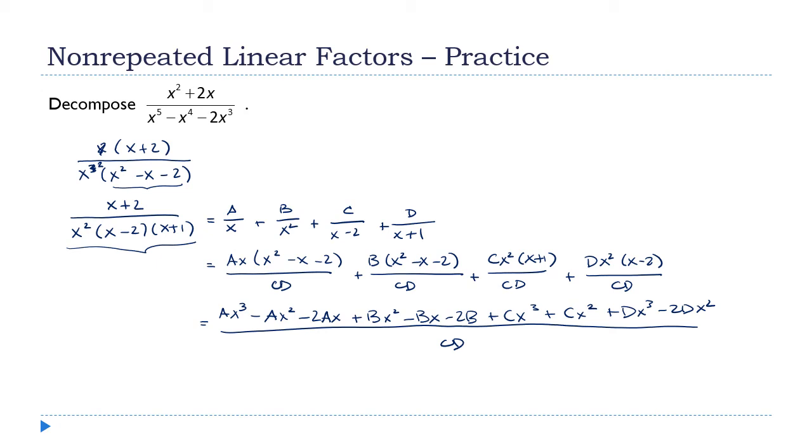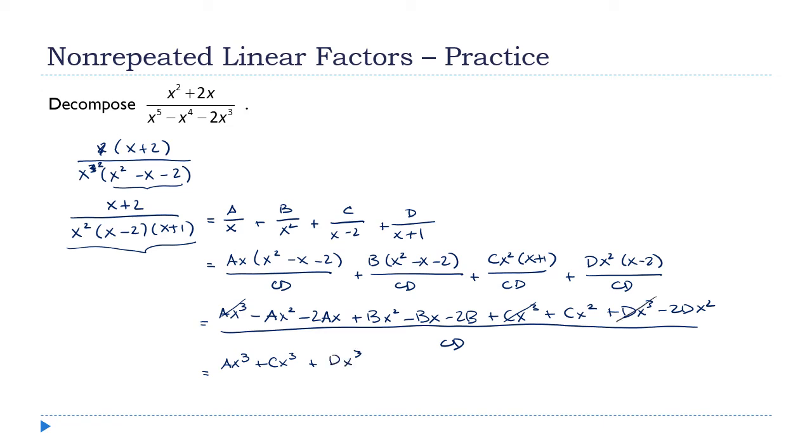Okay, so now, let's regroup. X to the third, there's two of them. Ax to the third plus cx to the third. Now the x squareds plus cx squared. Whoa, sorry, I lost one. There was a dx to the third over there too. Plus dx to the third.